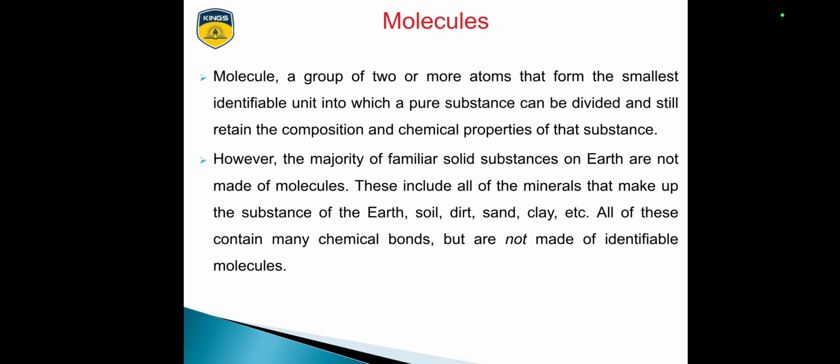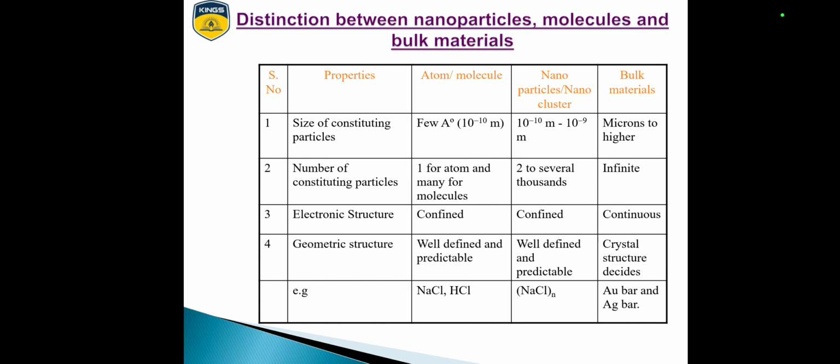These include all the minerals that make up the earth: soil, dirt, sand, clay, etc. All of these contain many chemical bonds but are not made of identical molecules. This table gives a clear idea to distinguish between nanoparticle, molecules, and bulk material.